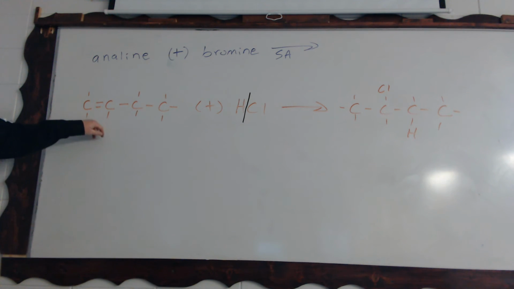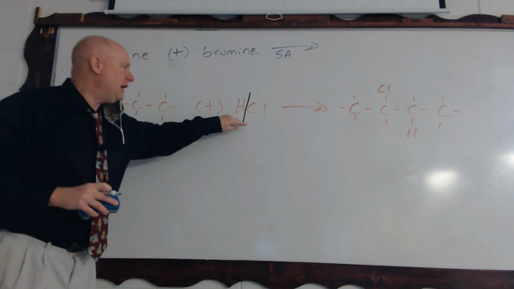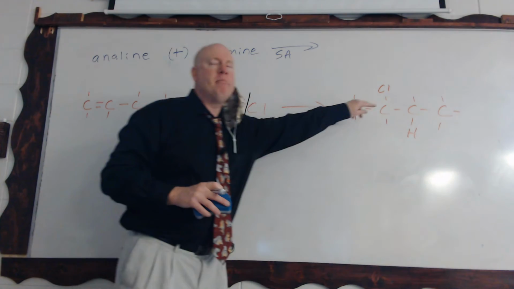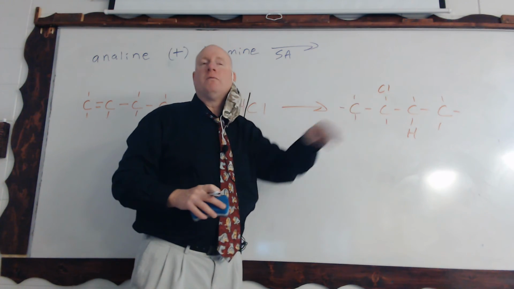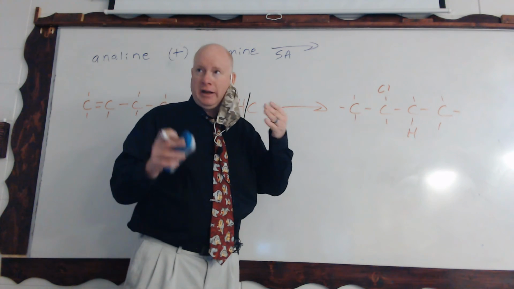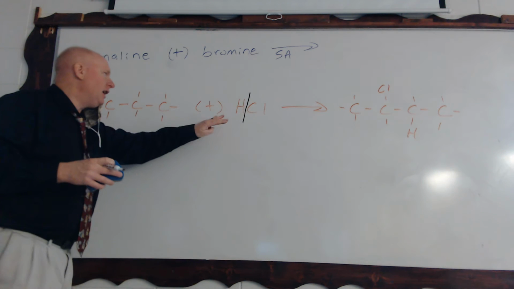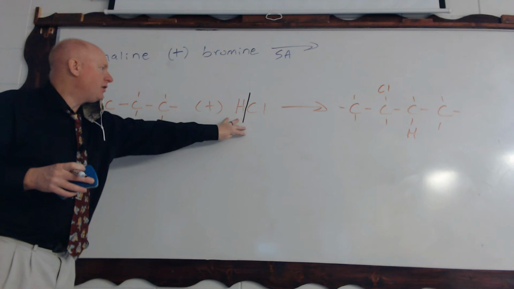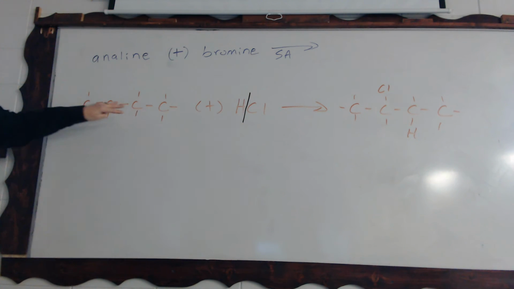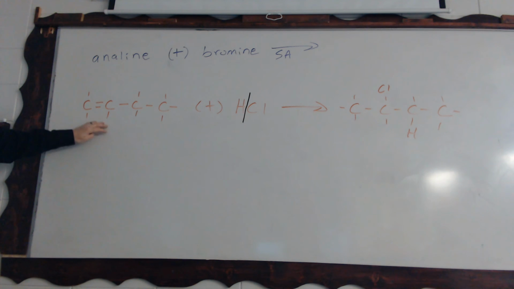So is this symmetrical or asymmetrical? It is asymmetrical. Now you're going to get a major and a minor product. So my point is, just like what we've done in the previous section, we want you to recognize whether this reagent is symmetrical or asymmetrical, and then finally, what is your parent chain that you're reacting it with? Is that symmetrical or asymmetrical?